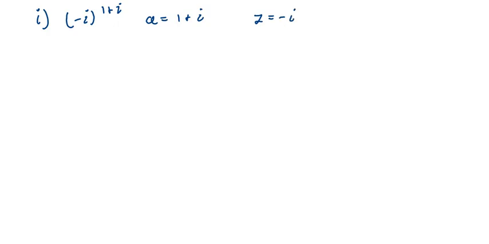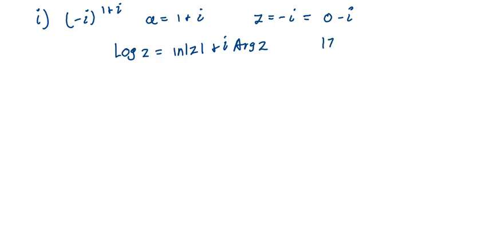For the principal branch, we're going to say log z is equal to the natural log of the magnitude of z plus i times the argument of z. So first of all we have to find the magnitude of z. If you look at this z, in other ways it can be written as 0 minus 1i, or just minus i.